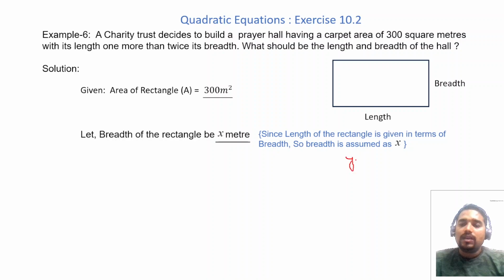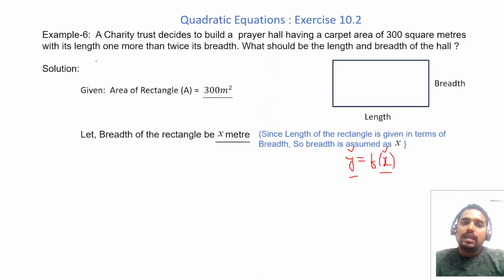Since the length of the rectangle is given in terms of its breadth, y is equal to f of x. Here y is a function of x, or y is a dependent variable and x is an independent variable. Both x and y are variables, but the value of y depends on the value of x. Whatever x takes, depending on that the value of y will be found out.